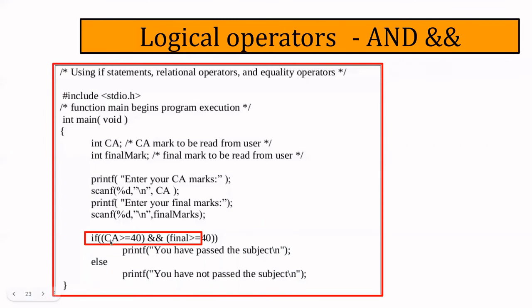That means both these conditions are not met, so not passed. Within brackets you have to write CA greater than or equal to 40, two ampersand signs, final greater than or equal to 40, and the whole thing should be covered by the brackets.